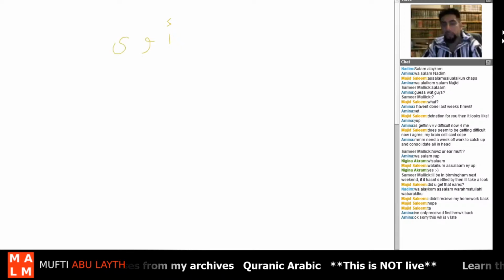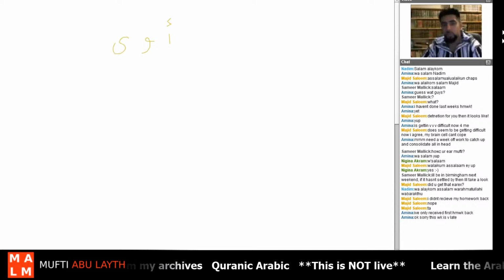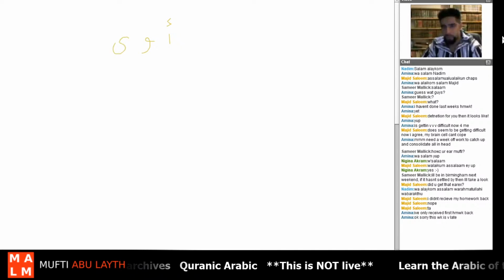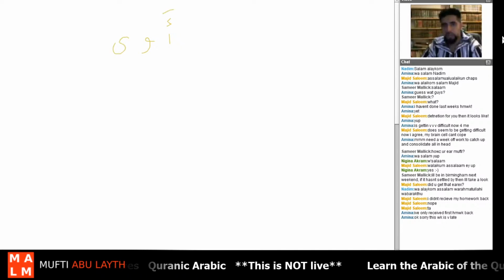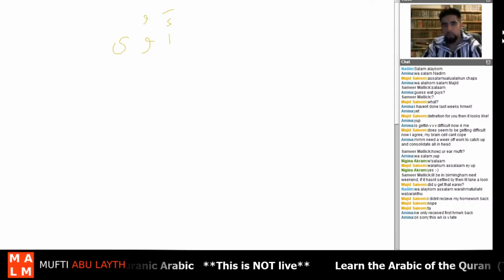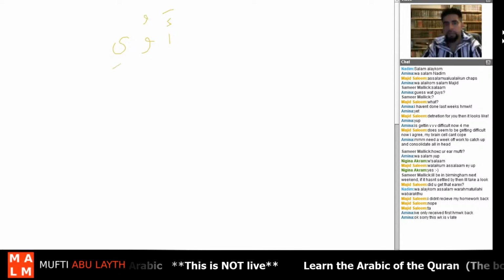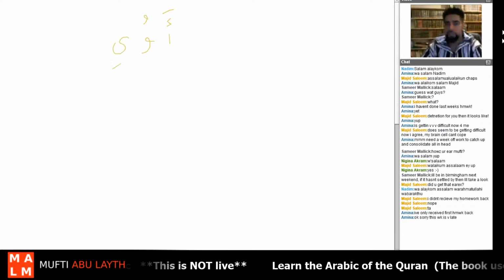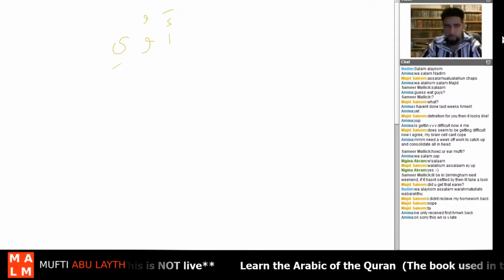So you've got the alif, which should be without the hamza, so ignore the hamza. Alif, waw, and ya. Now these are the 3 weak letters, and the reason they're called weak letters is because they resemble vowels. They resemble the sounds a, u, and e. And because of that, they are called vowel letters or weak letters.